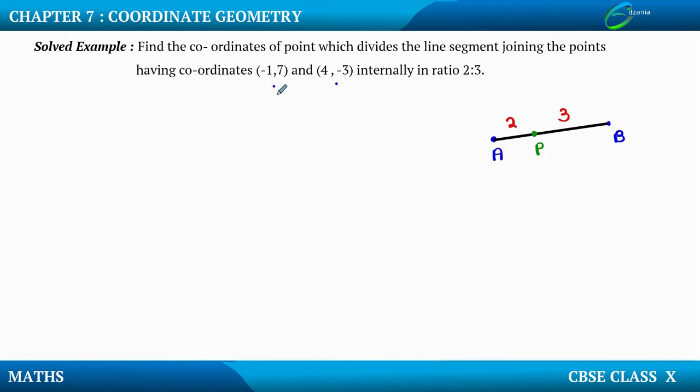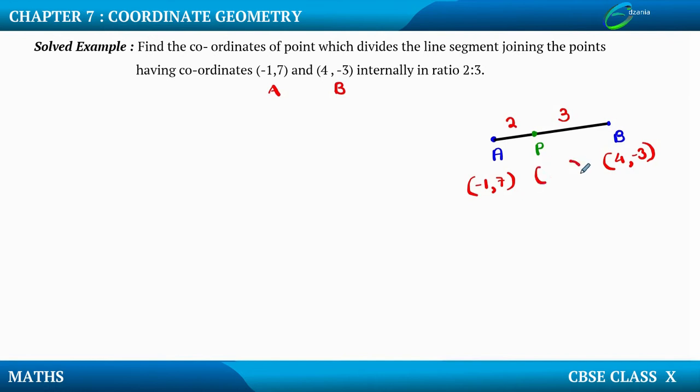The first point, which we have assumed as A, has coordinates (-1, 7) and B has coordinates (4, -3). And we have a point P in between.